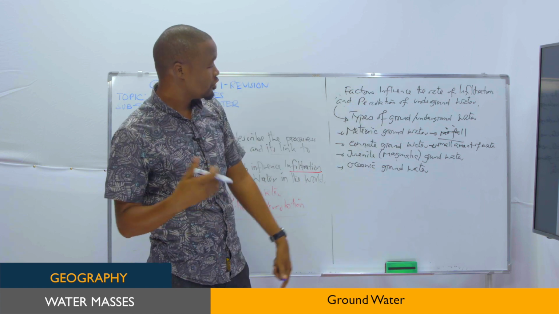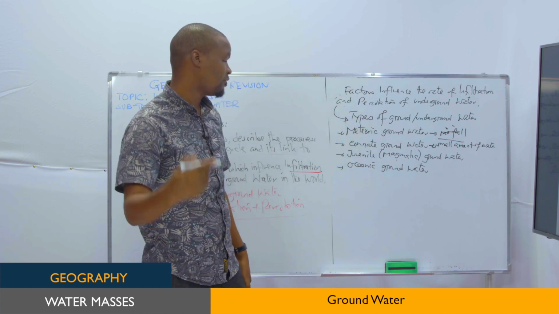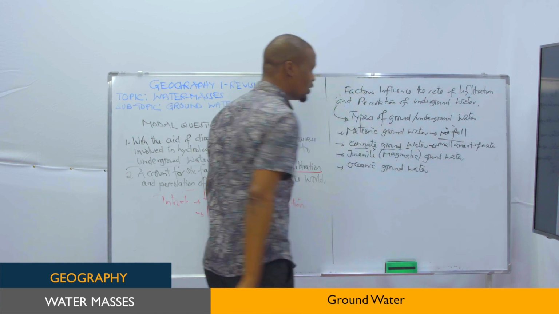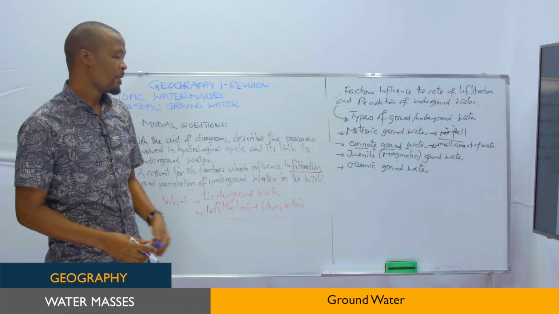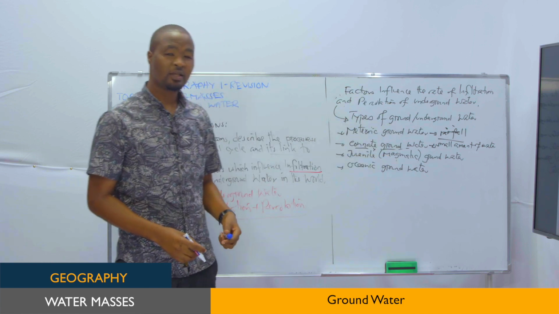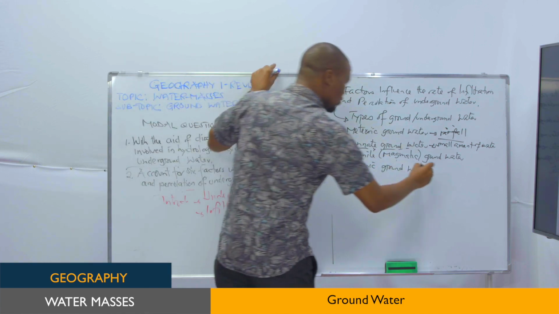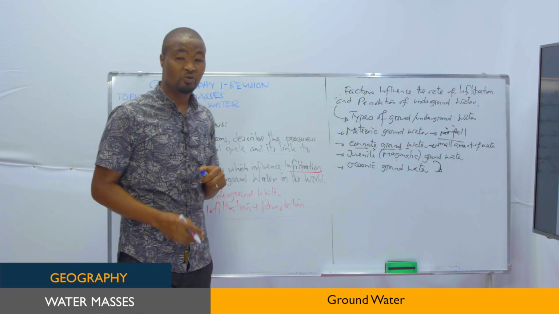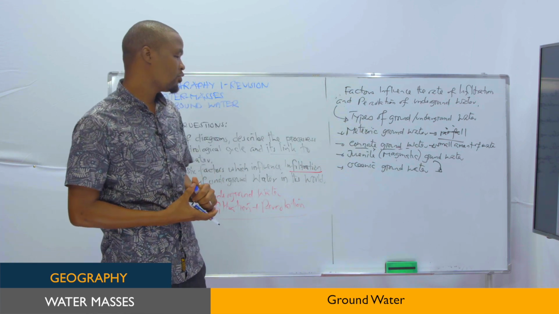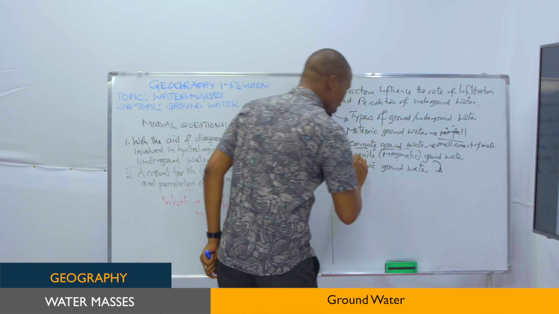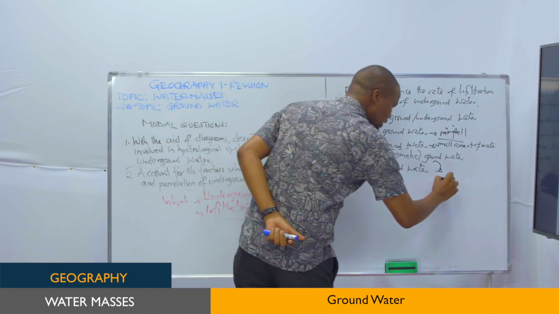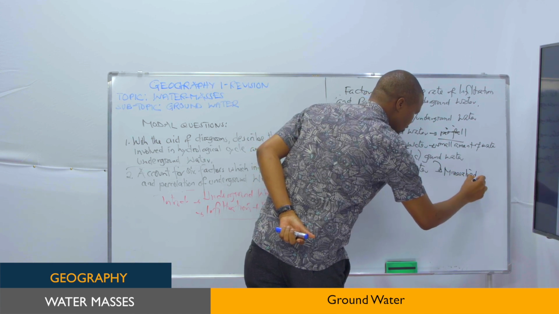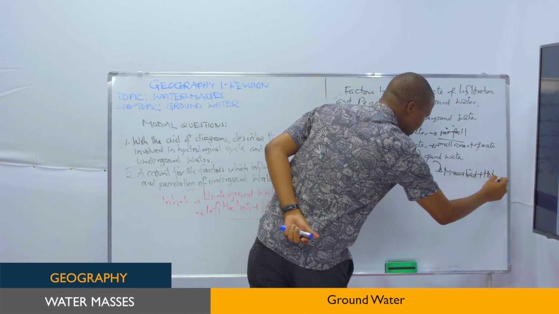The amount of water which is retained underground during the formation of sedimentary rocks, we call it connate groundwater. Then we have the juvenile or the magmatic groundwater. It refers to the amount of water underground formed during igneous or volcanic activity. Most of the juvenile or magmatic groundwater is usually mineralized and hot.